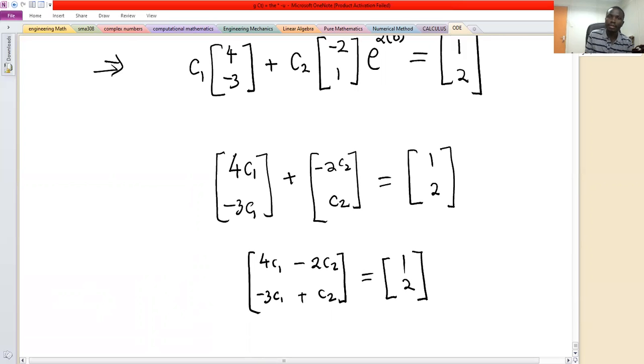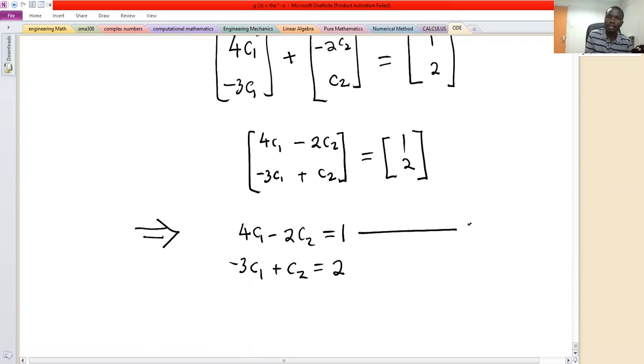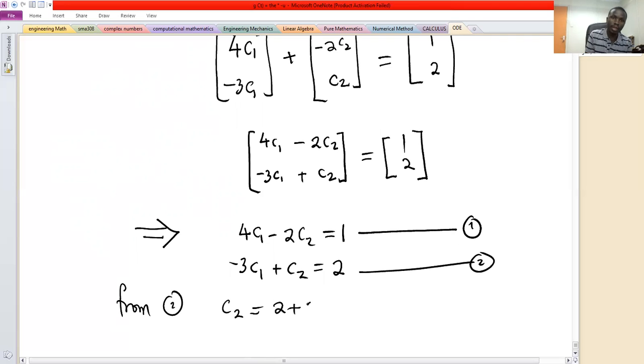And for this equation to make sense, first row should be the same and second row should be the same. So 4c1 minus 2c2 equals 1, and minus 3c1 plus c2 equals 2. So this is equation 1, this is equation 2. These are simultaneous equations in C1 and C2. So from equation 2, C2 is the same as 2 plus 3C1.